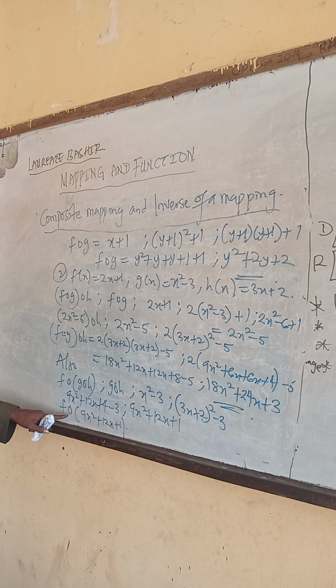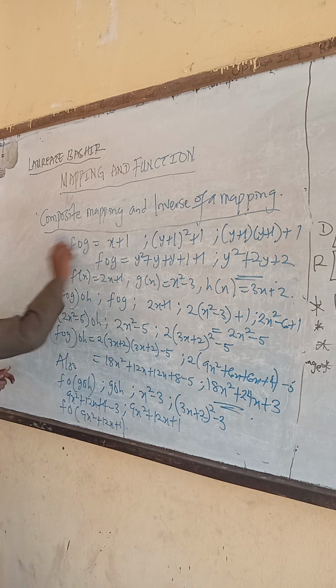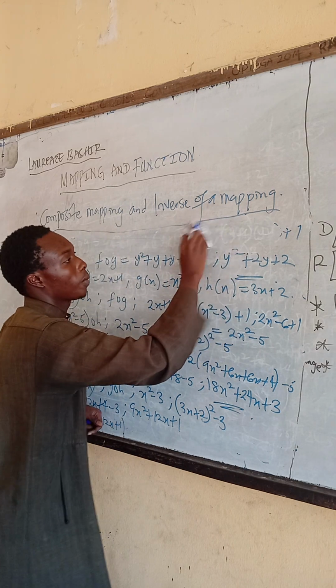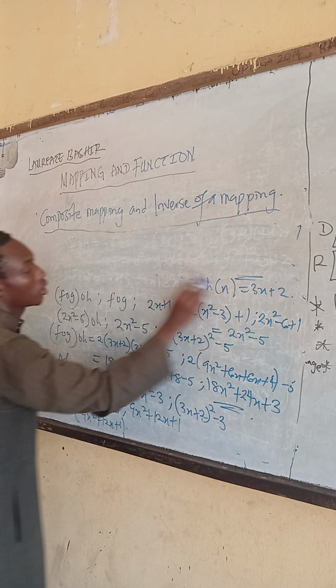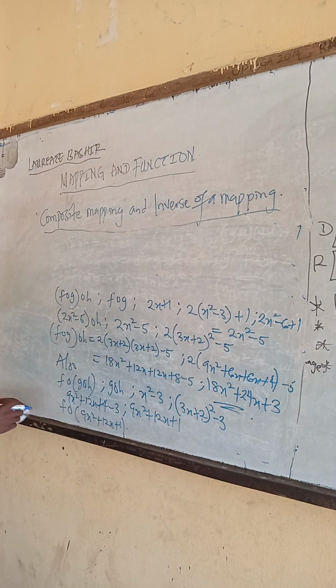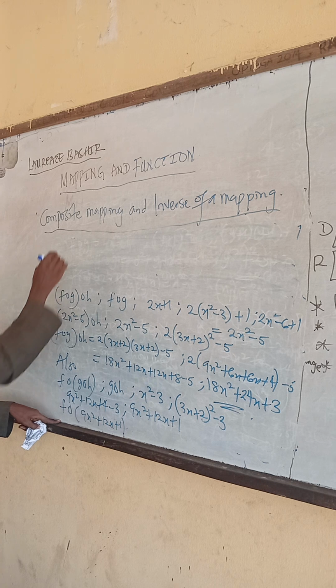So f composite g composite h, it means you are writing f first. That's the meaning. So what is our f? Our f is 2x plus 1, right?